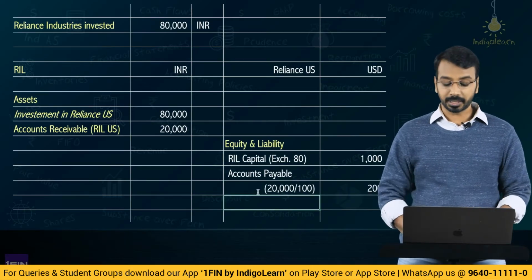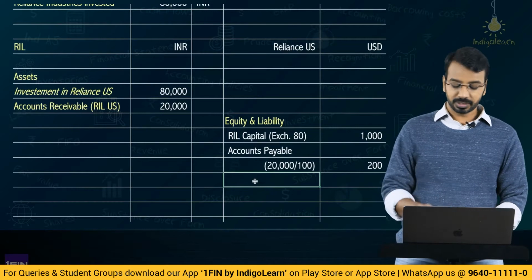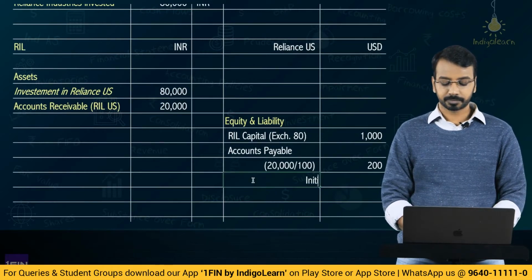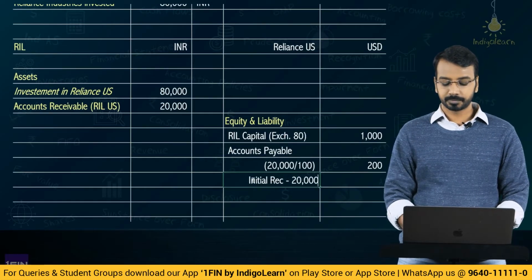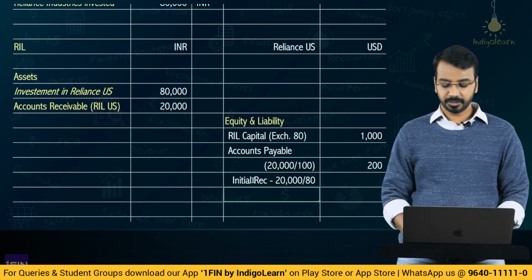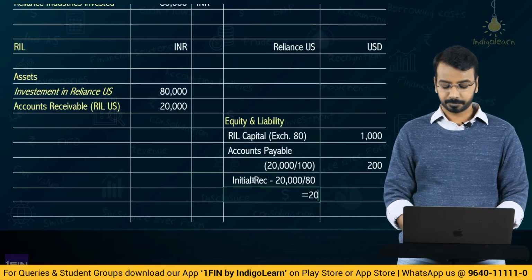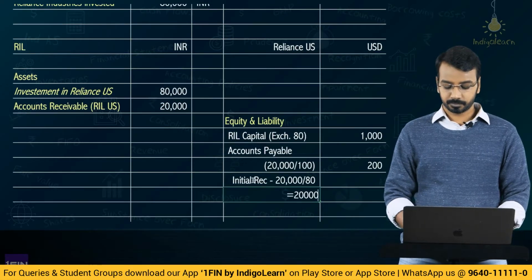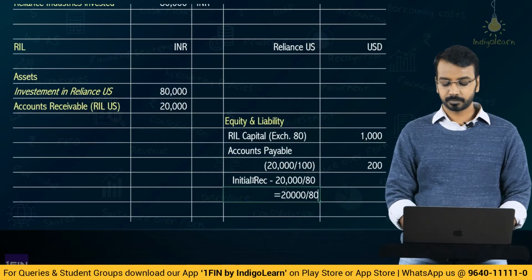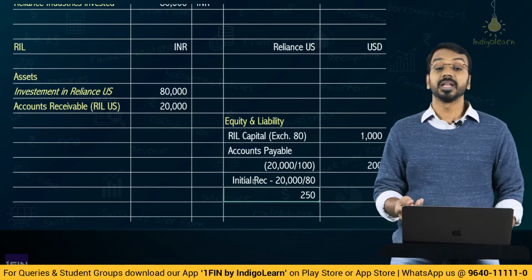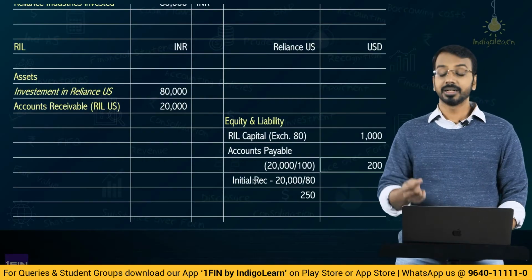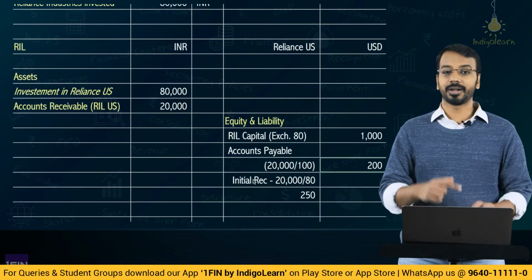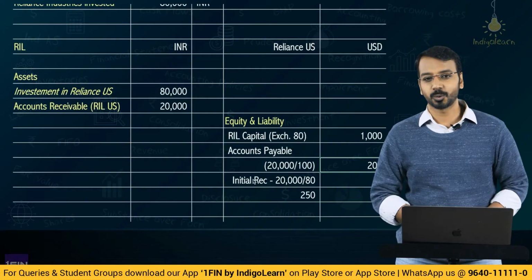Accounts payable is 200, but initially it was recognized as 20,000 divided by 80, that is 250. So, initially the transaction was recognized as 250, but now at the year end, the accounts payable is being measured at 200.